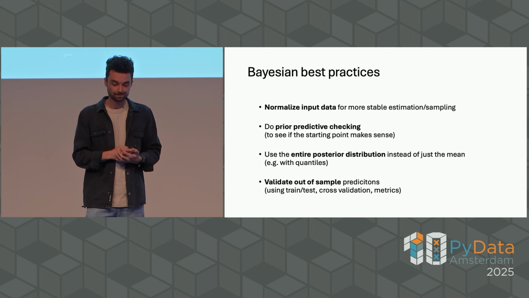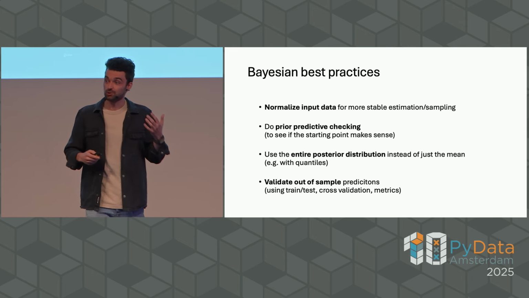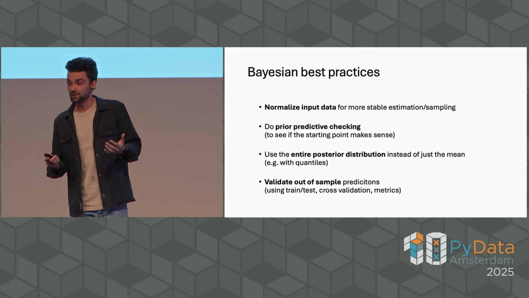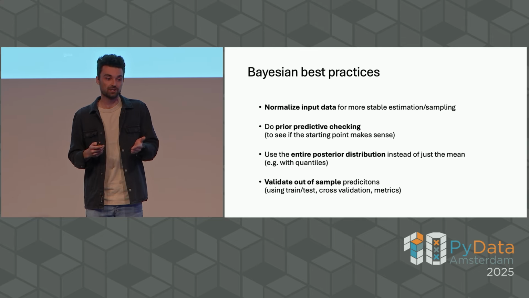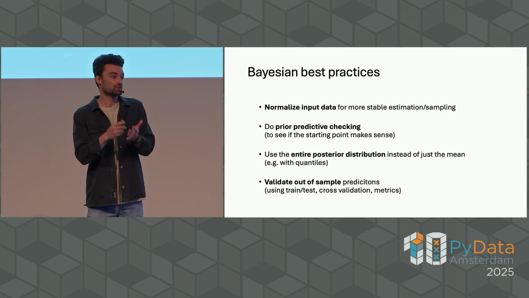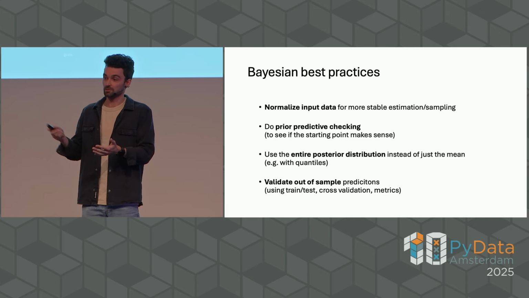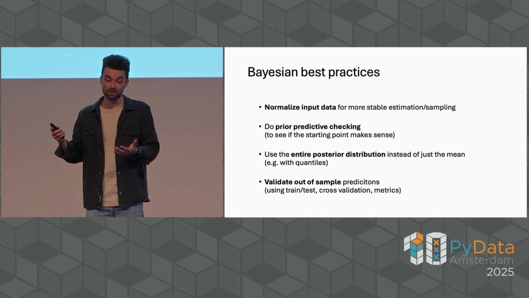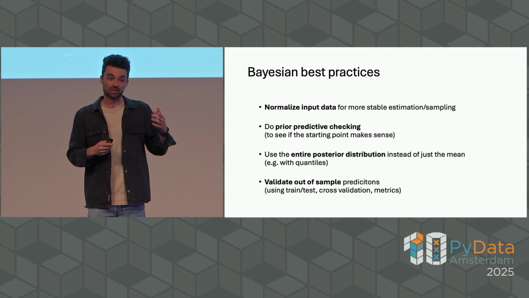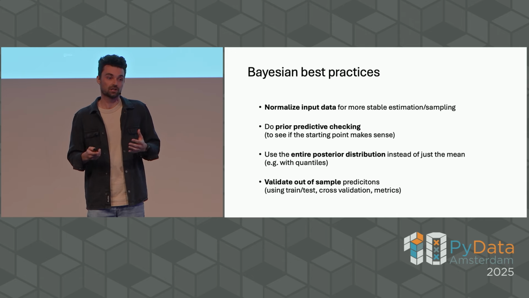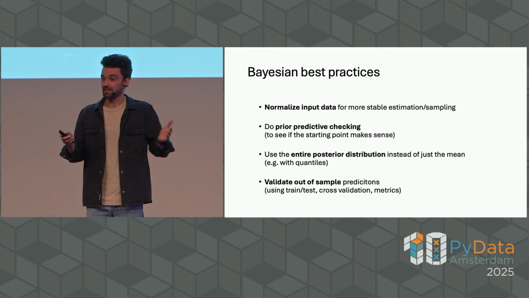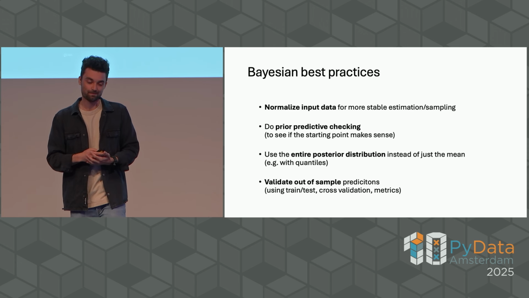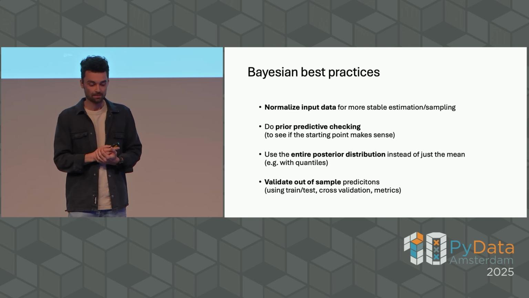It's a good idea to use the entire posterior distribution. Here, what I often did was I simulated estimations from the posterior and then used the mean to plot these models, but there's more information in there. It's richer than that. For example, you can use the quantiles to ask questions like, how certain are we that a certain driver performs in this certain interval with regards to lap time?